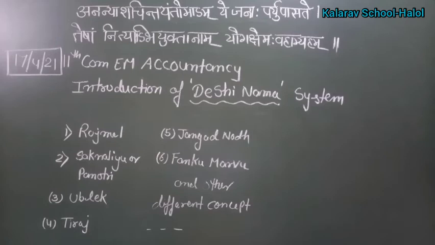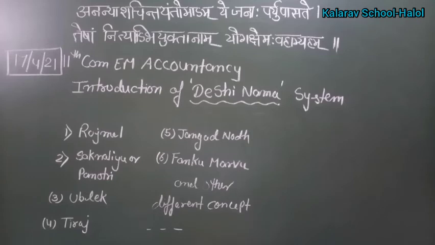Now just compare it with the double entry system. You will realize that in the double entry system, first we mention the debit and then the credit, but here it is exactly the opposite. In the Desi Nama system, credit is mentioned first and then debit.